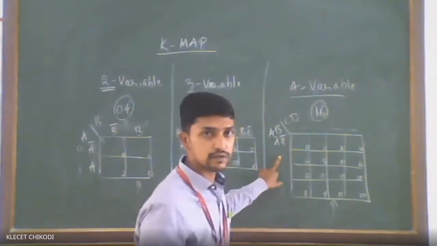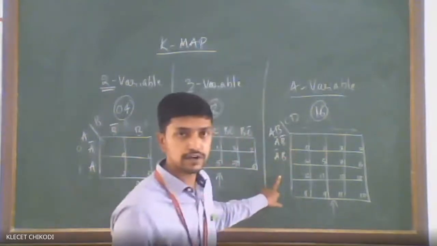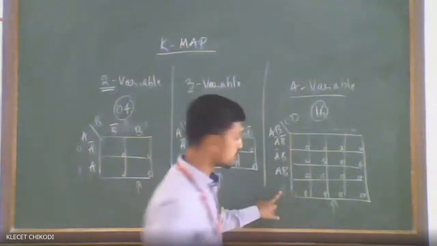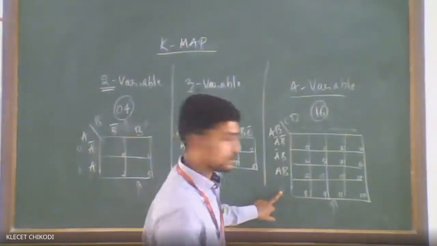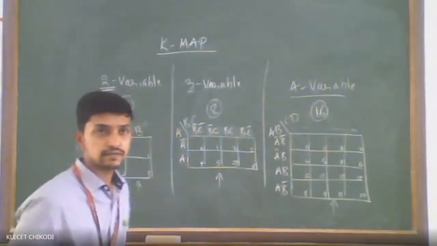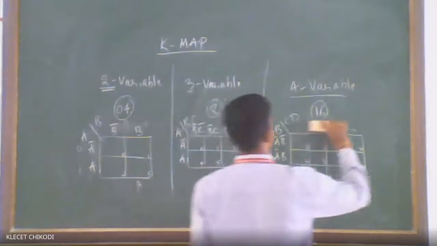Second one, it will be 0, 1, that will be A bar B. Third one is corresponding to 1, 1, it will be AB. And last one, it will be 1, 0. So that will be A B bar. Fine. Similarly, for CD, what I have to write here?